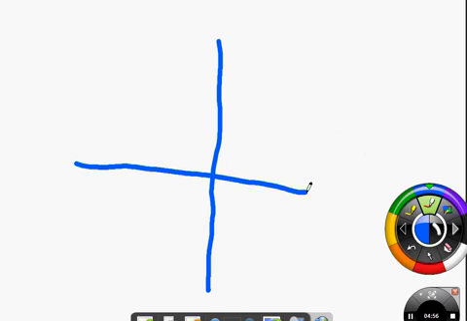So sketching this graph would be quite easy. We draw our y-axis and our x-axis, and then we're going to mark the points. Remember we had 0 and 5, that's the y-intercept. And the other one was negative 5 over 3 and 0.